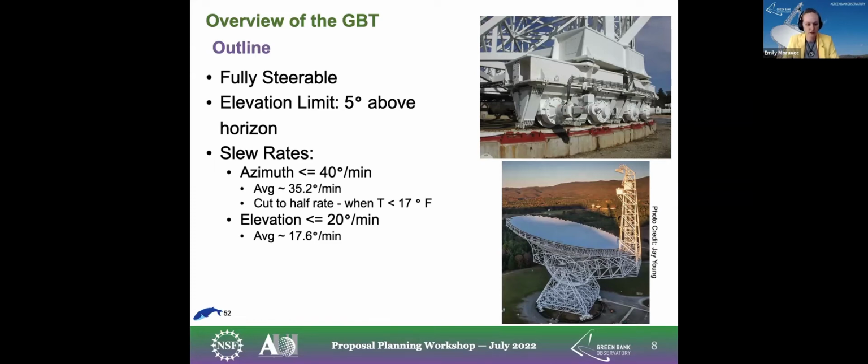And then the elevation limits are about an average of 17.6 degrees per minute. And I will also point out that you may now see in the bottom left-hand corner of the slide that there's an answer to one of the questions in the poll that I previously put up.